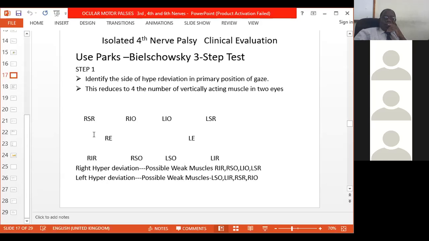Possible weak muscles: right inferior rectus and right superior oblique, these 2. If the right eye is higher, it means these 2 muscles are weak. That's why this eye appears higher than the other side. Are we together, my dear?